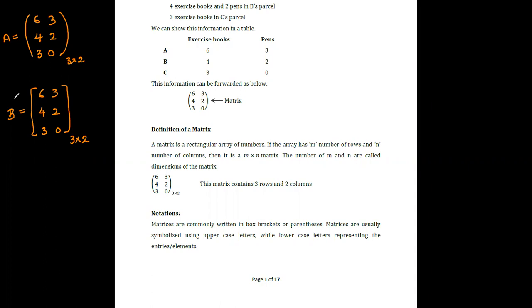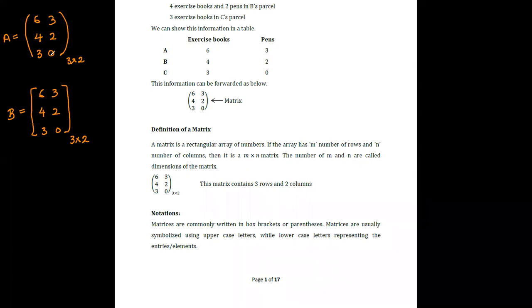But in some situations, these numbers are said to be the elements or the entries of the matrix. Therefore, rather than saying these are numbers, we can say that these are the entries or the elements of the matrix.